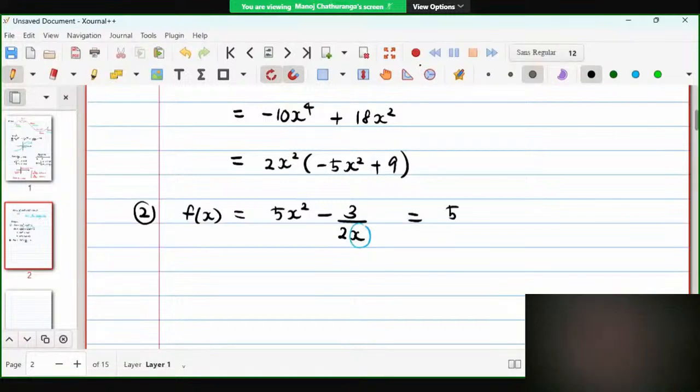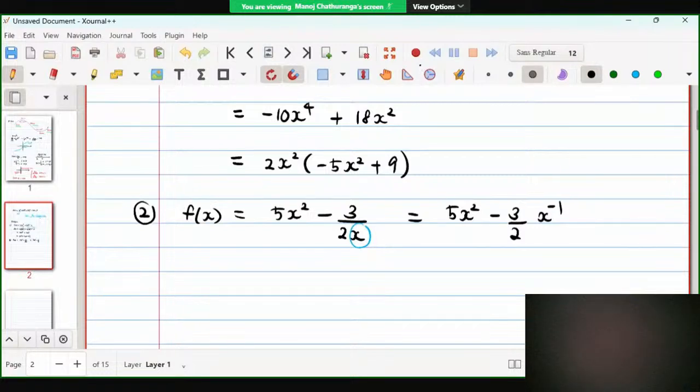So 5x squared, that's good for us. We know how to work with that. Then 3 divided by 2, that's the coefficient or the constant in front. Then 1 over x, you can think of as x to the power -1.